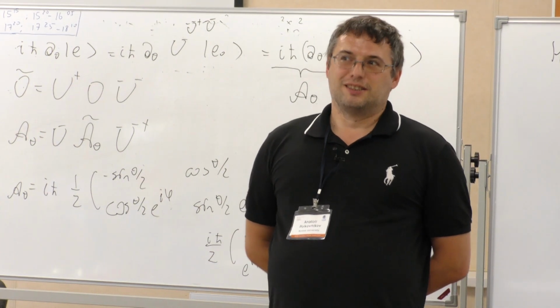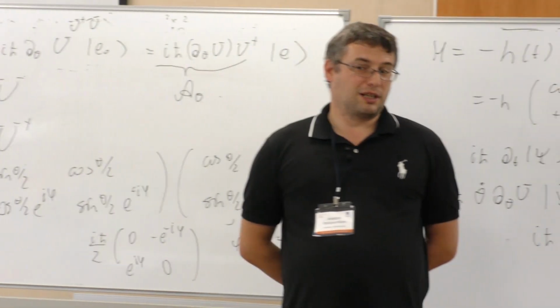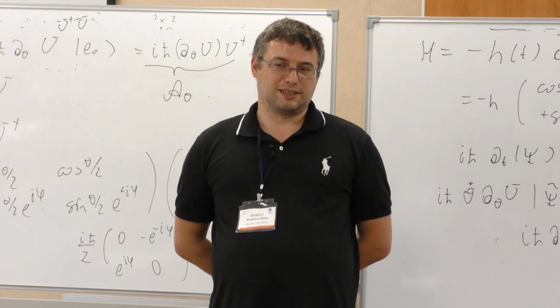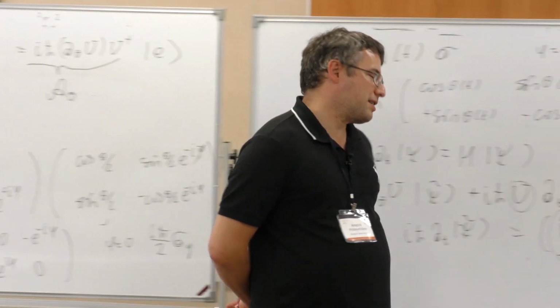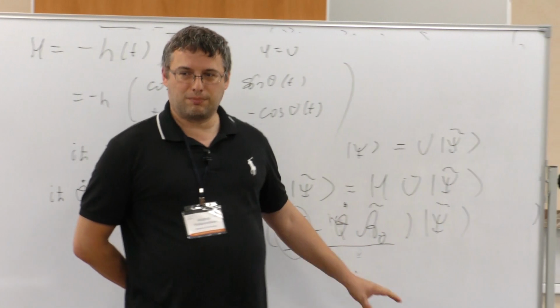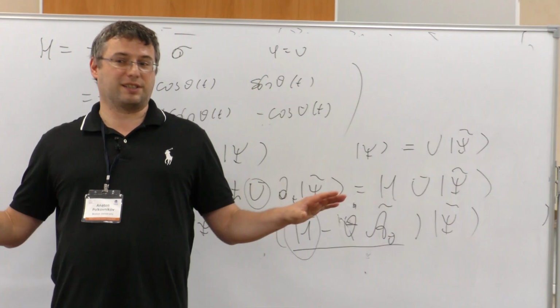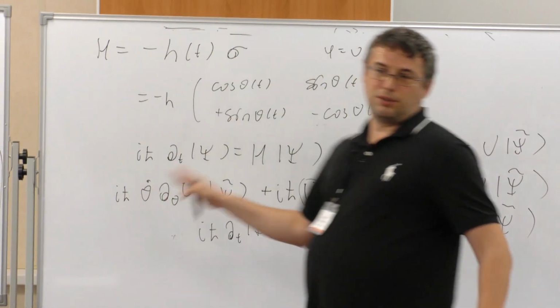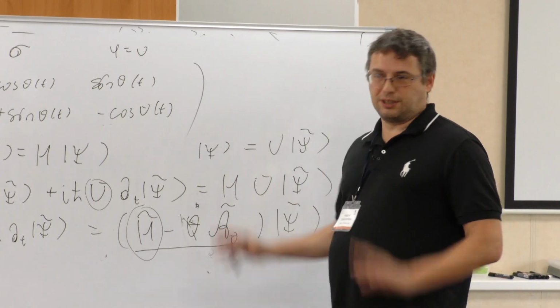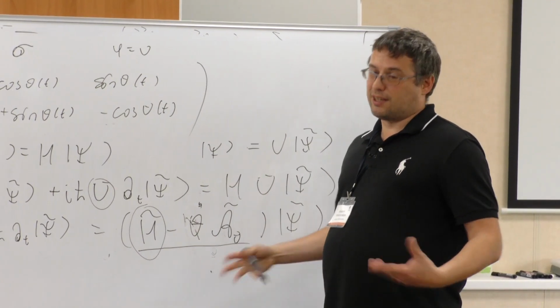Tomorrow I will mostly be talking about how to find approximate A tilde. And I'm going to discuss connections of this with integrability and so on. This is related to many areas of physics which really go beyond just dynamics close to the adiabatic limit. I don't know how much I will be able to cover, but your question is precisely right. For complex systems, this object just doesn't exist as a local operator.